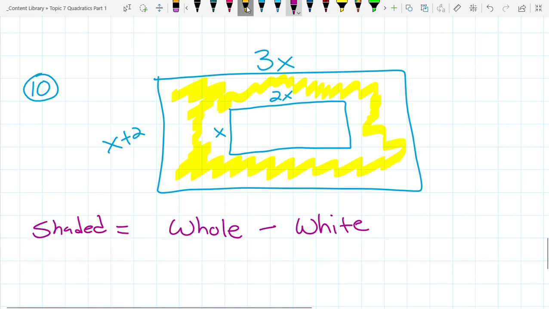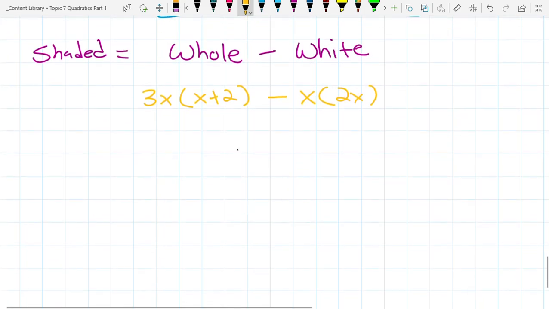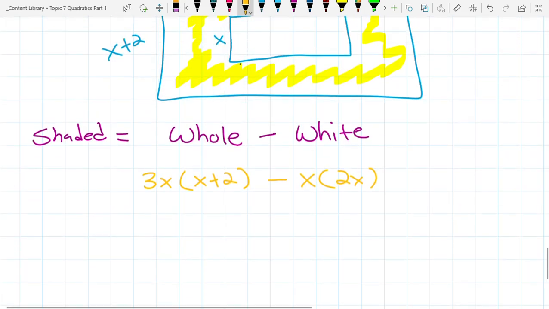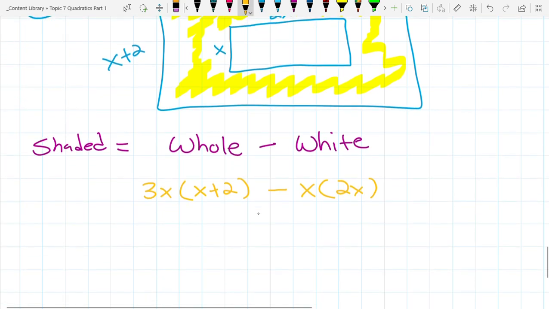So to find the area of the whole figure, since it's a rectangle, you multiply them. So 3x times x plus 2 gives you the area of the entire figure. Then you're going to subtract the area of the inside figure. The inside figure is x times 2x. So once you do that, now you're back to just regular simplifying expressions. But you have to look at the figure to figure out what your area formulas were and what to multiply and what to subtract.